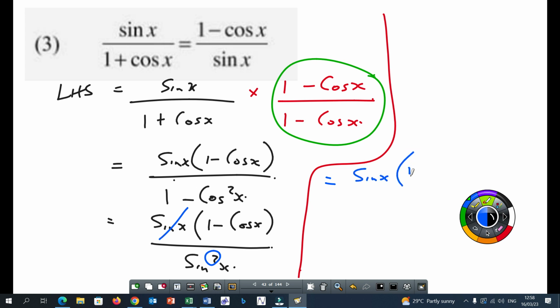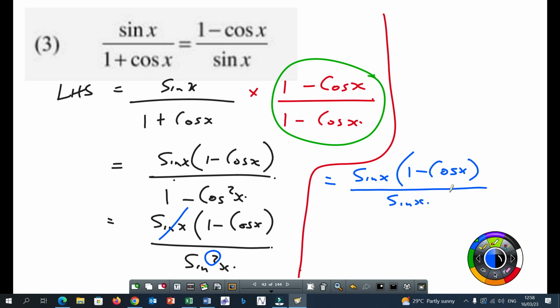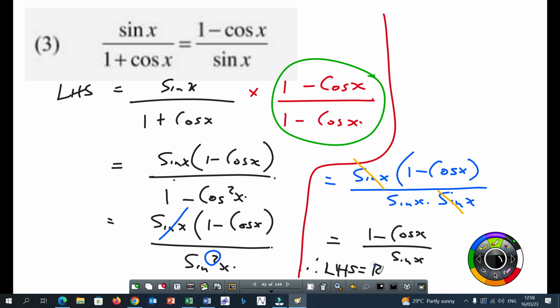So sine x times 1 minus cos x all over sine x times sine x, and then you will get 1 minus cos x over sine x. Therefore, the left hand side is equal to the right hand side.